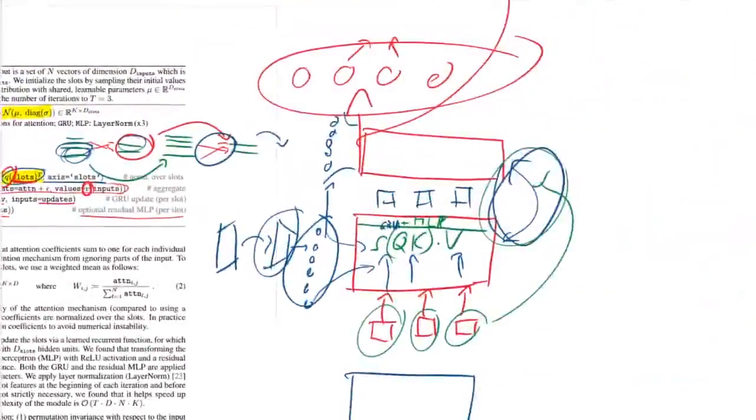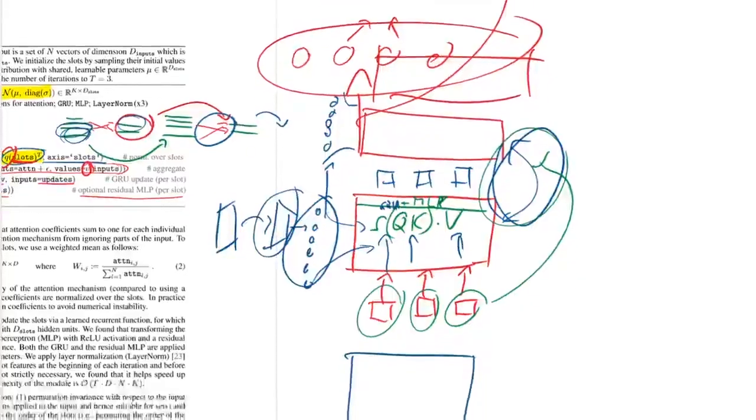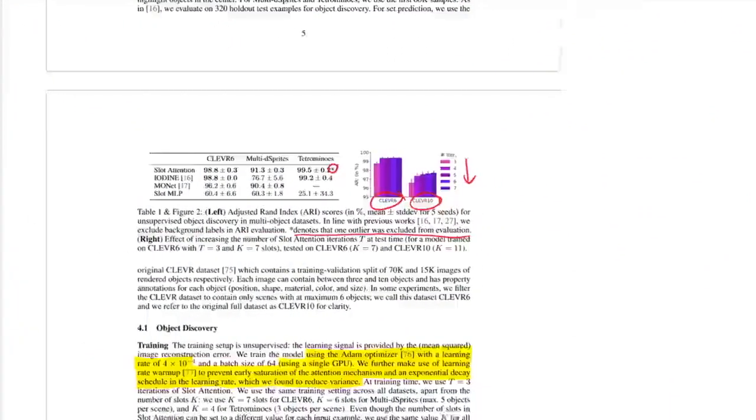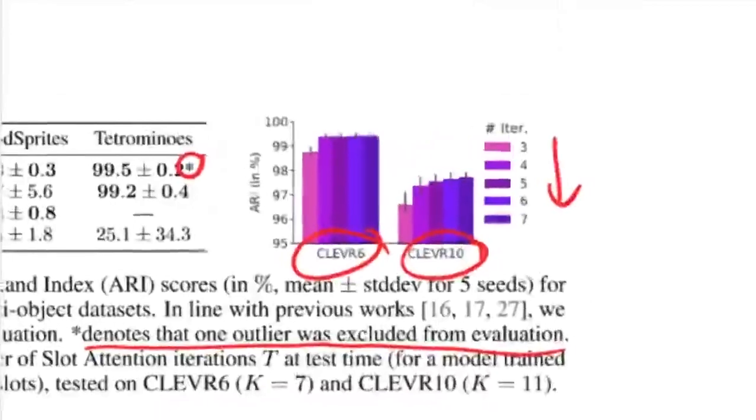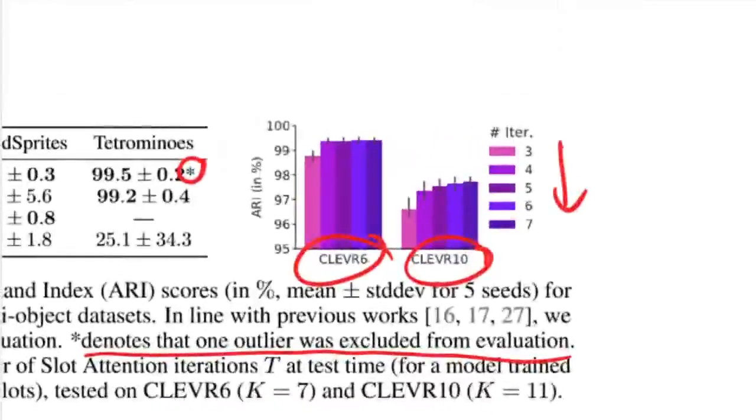There is nothing stopping you from just piling on here. Because it's weight shared, you don't need any more weights. You can just refine this iteration. And since the iterations themselves are refining these attention masks anyway, you might as well, at inference time, refine them some more. They have an ablation where they show that technically like 2 or 3 iterations at training time gives them the best result.